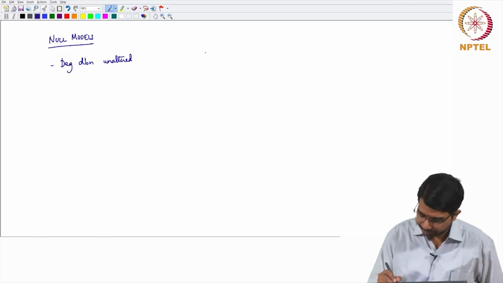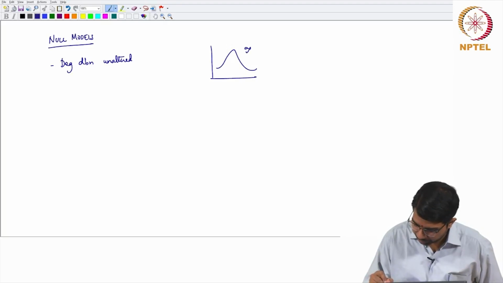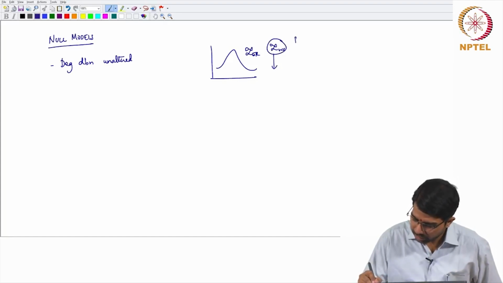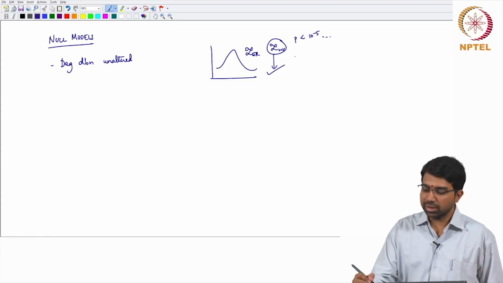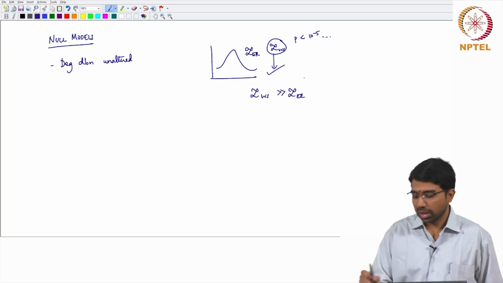We said that this is going to be the distribution of some LER, and my LWS comes here. So, this P will be much less than say 10 to the minus 5 or something like that. So, it is statistically significant, which means that I can say that LWS, if I observe this.